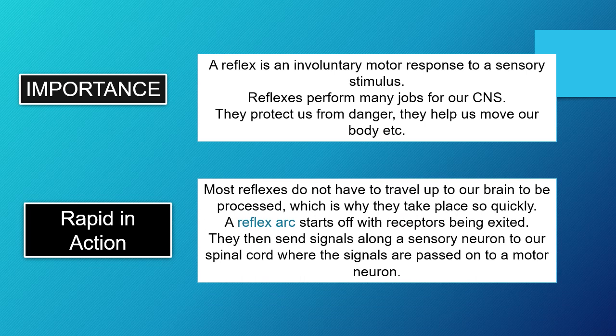Most reflexes do not have to travel up to our brain to be processed, which is why they take place so quickly. A reflex arc starts off with receptors being excited. They then send signals along a sensory neuron to our spinal cord, where the signals are passed on to a motor neuron.